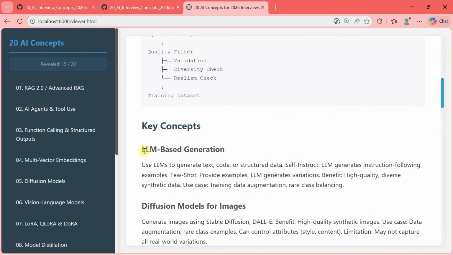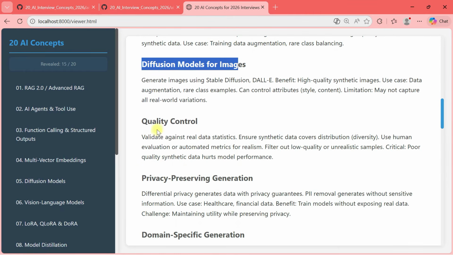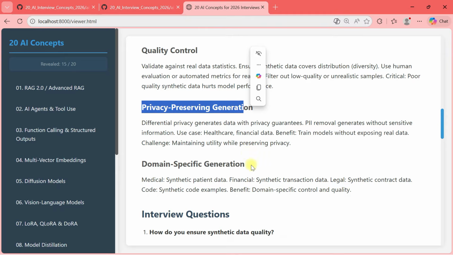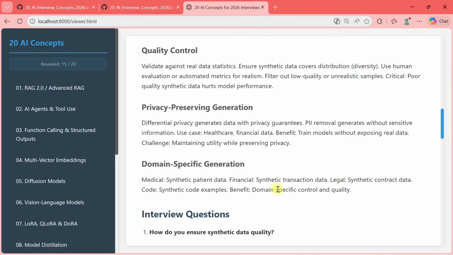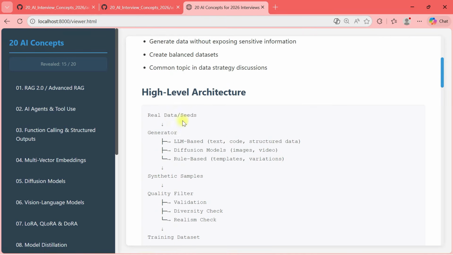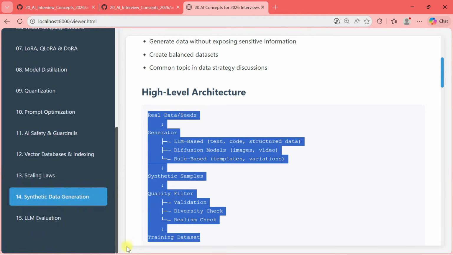Basically, you can generate from an LLM, you can generate from diffusion, you can check for quality, you can seek privacy preserving, and domain specific generation also you can do. So all these are part of synthetic data generation. Be aware of this entire concept, the pipeline, what is useful here, what you need to know here.